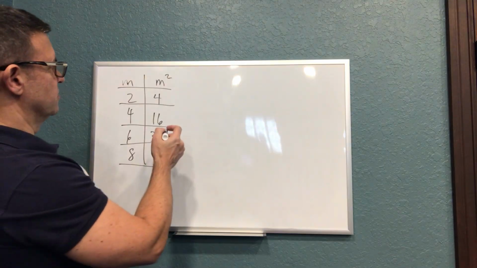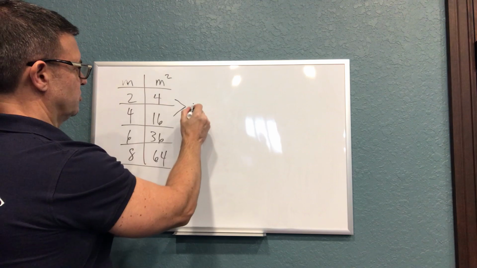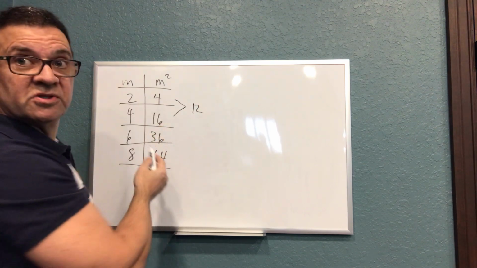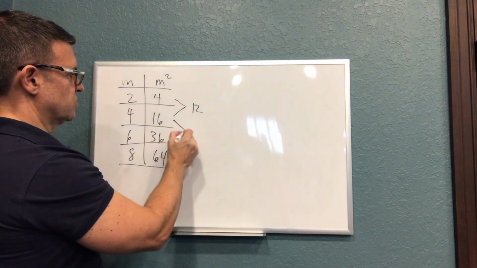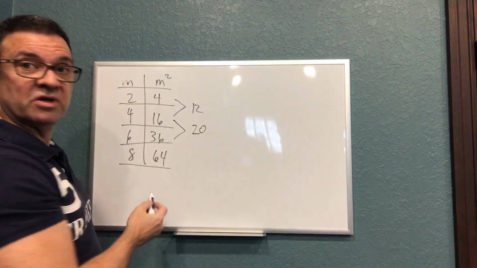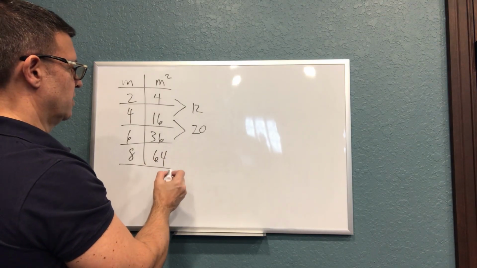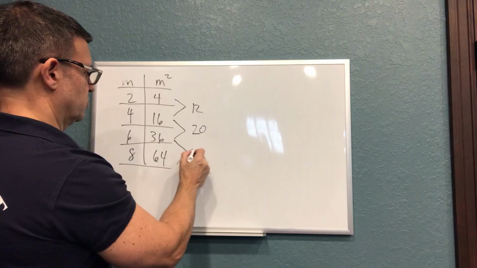If you look at the difference between 4 and 16, the difference would be 12. The difference between 16 and 36 would be 20. And the difference between 36 and 64 would be 28.